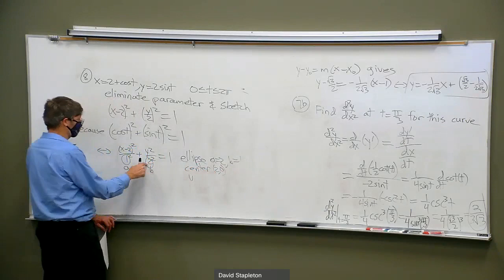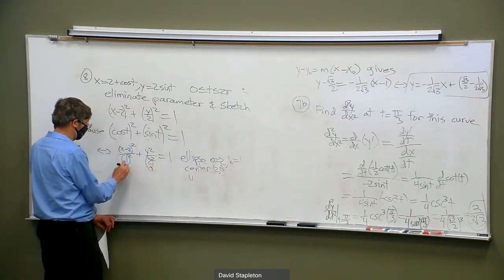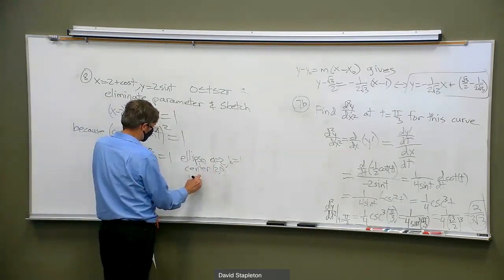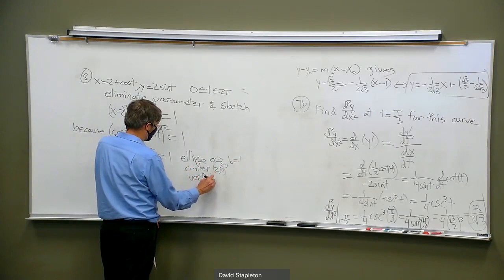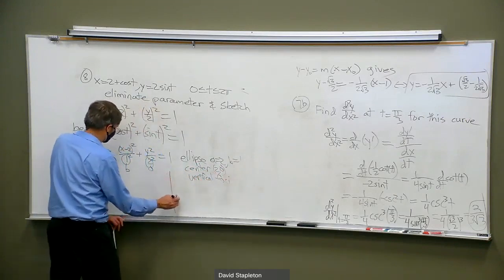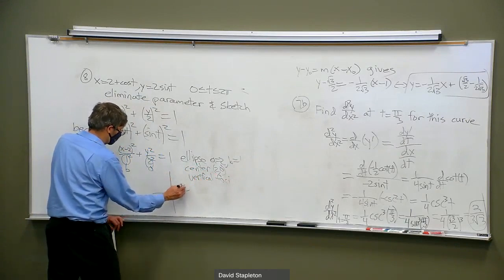Vertical foci, since, I should call this a, sorry, since the bigger number a is under y. So vertical foci, and I can sketch it as easily as drawing an oval, right? I simply go over to (2, 0), the center.